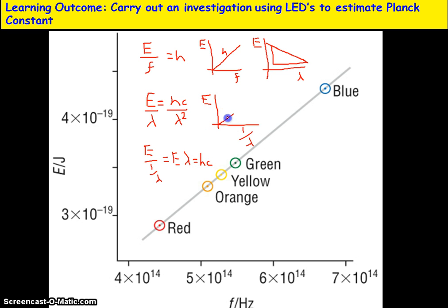So the gradient of this graph, whilst a straight line and showing the proportional relationship, is a little bit different. Gradient here is now equal to hc as opposed to h. So there is a difference there between these possible graphs that you could have and what their gradient would correspond to.